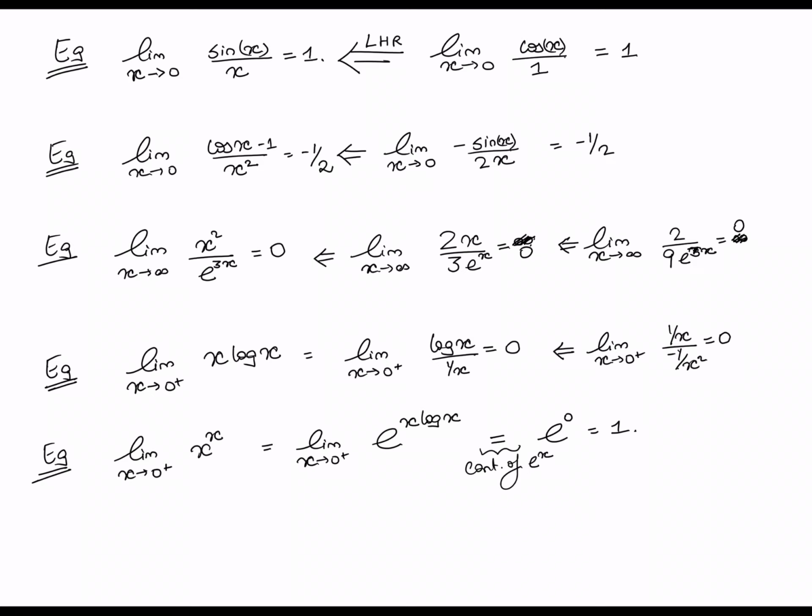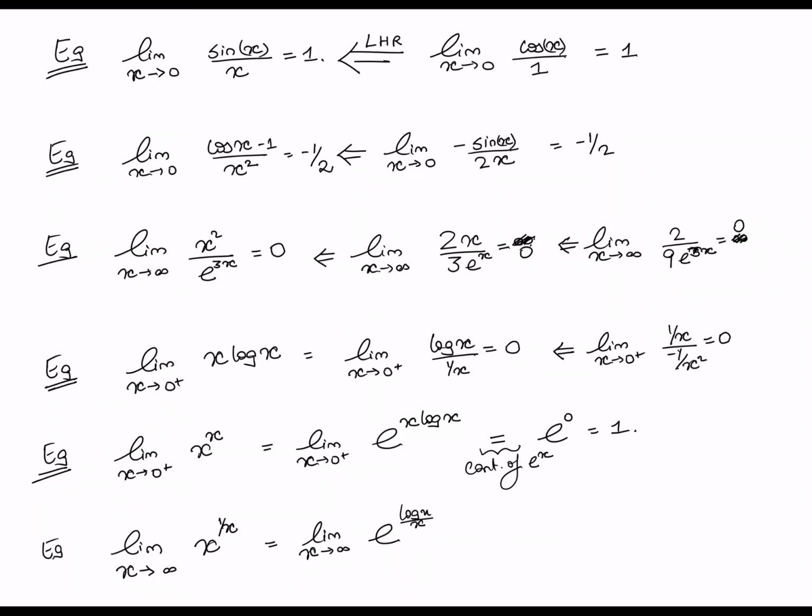Another example along similar lines would be to look at the limit x tends to infinity of x raised to 1 by x. Again, the way you would do this is to look at the limit as x tends to infinity of e raised to log x by x.